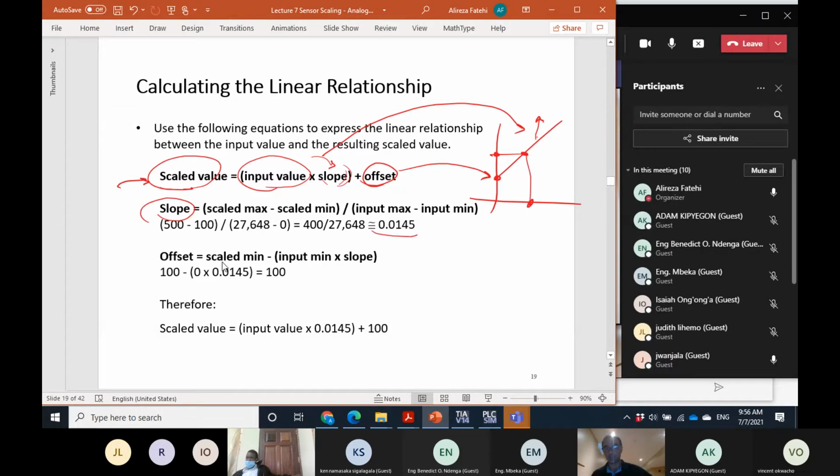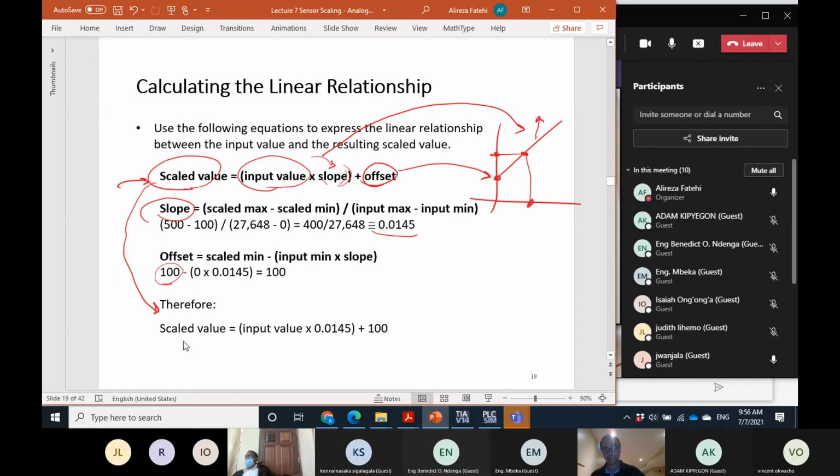For the offset it is this: scale min, 100, minus input min, which is 0 because it's between 0 and 27,000, multiplied by slope, and slope comes from this. So it is simply 100. This is the general formula.